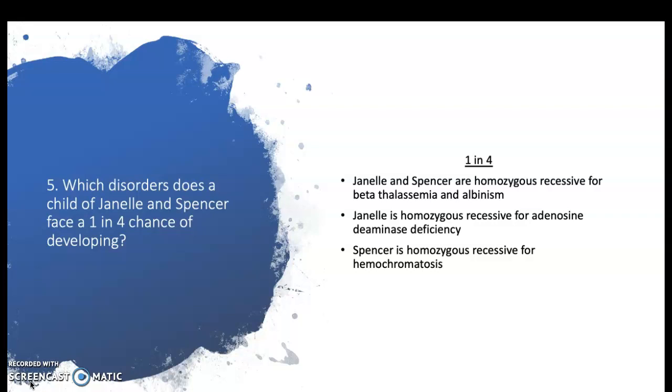And then for the adenosine deaminase deficiency and for hemochromatosis, in which Spencer and Janelle are singularly homozygous recessive, they will also have a 1 in 4 chance of developing the condition.